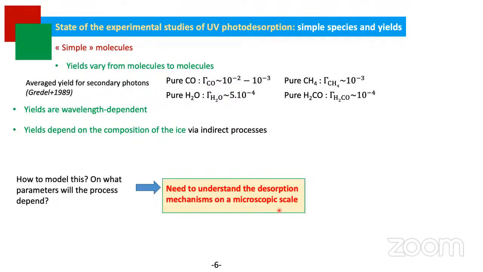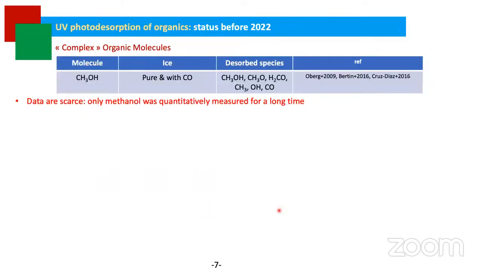So how to model the composition effect, where we have no choice but to know really on a microscopic scale how this process happens in the case of, let's say, simple molecular ices. Well, we were not only studying simple molecules, there are also complex organic molecules, which are very interesting.